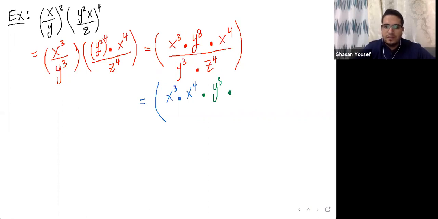Y to the minus 3 because I'm moving this one from the denominator to the numerator. And the other one is z to the 4. Again, I move it from down to up, which gives me z to the minus 4.